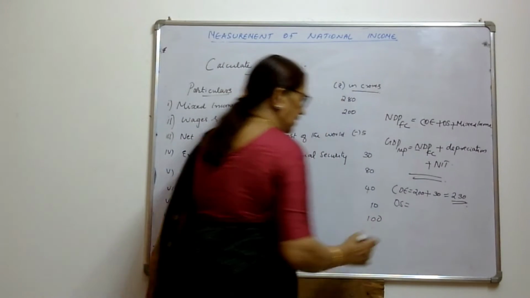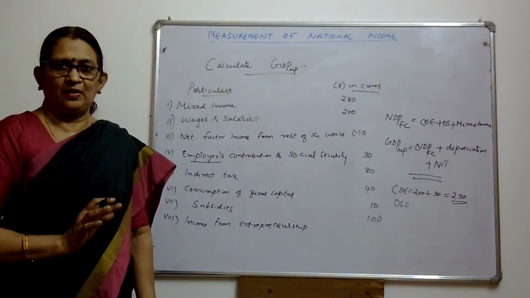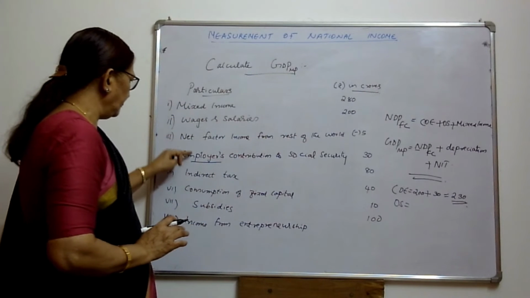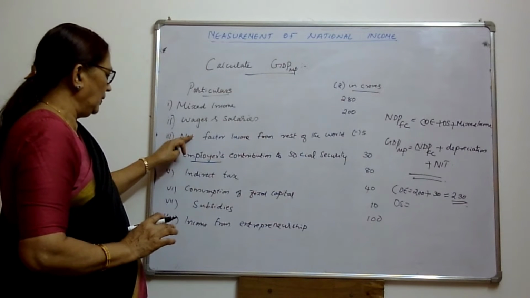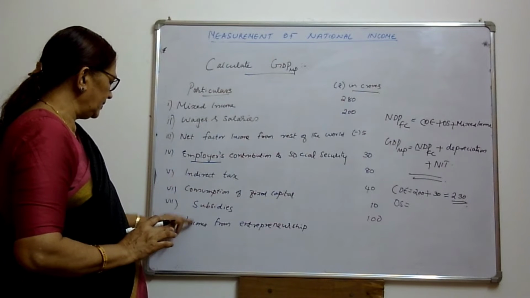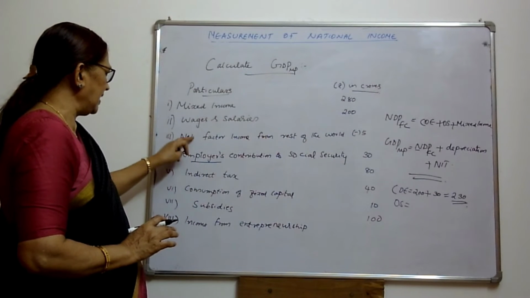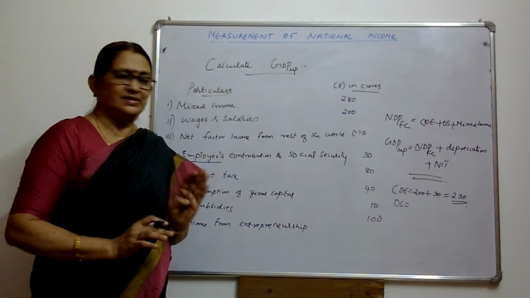Now next is operating surplus. Operating surplus is equal to rent plus interest plus profit. So is rent given? Rent is not given. Interest given? No. Subsidy, consumption of fixed capital, wages, salaries, no. Rent is not given. Interest is not given.